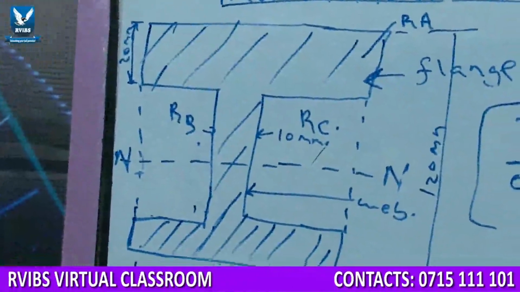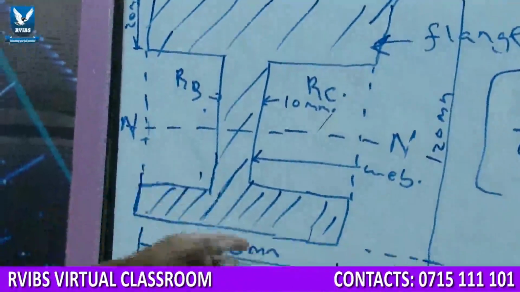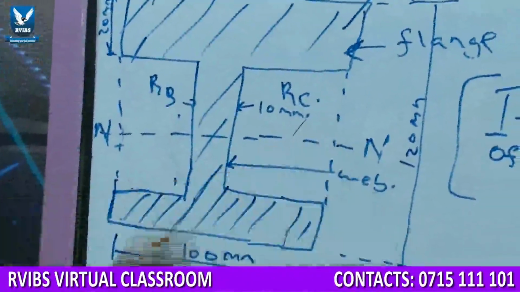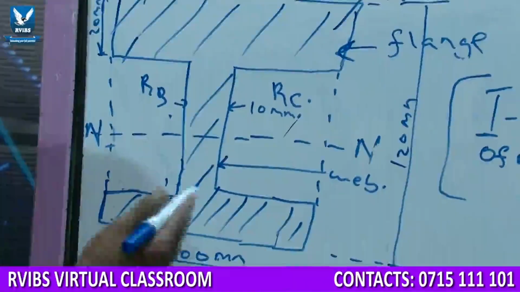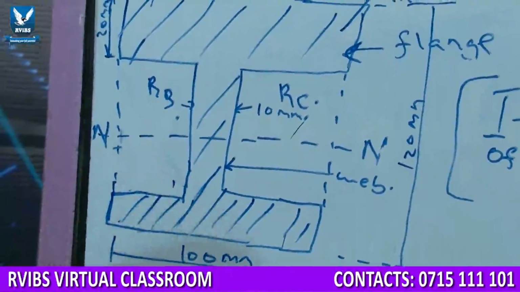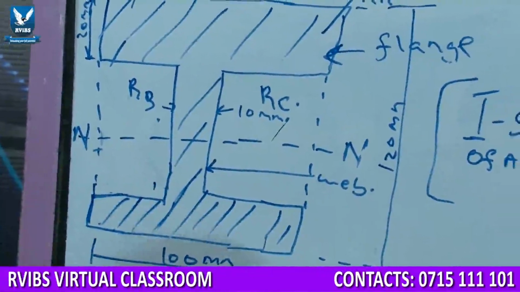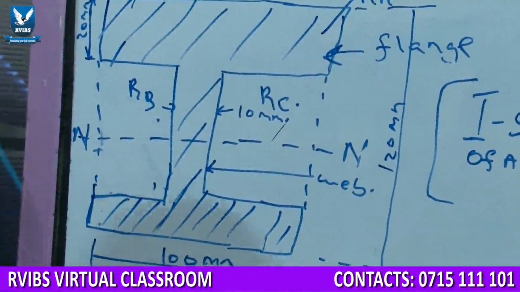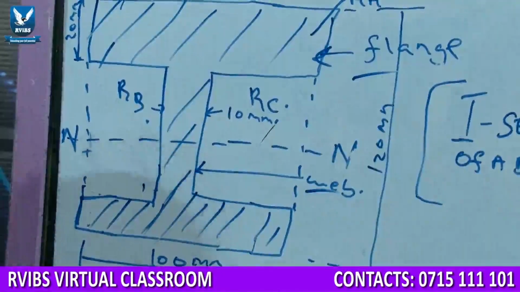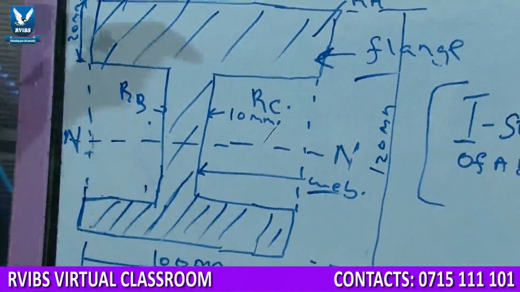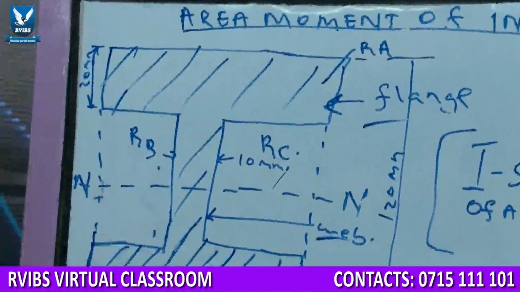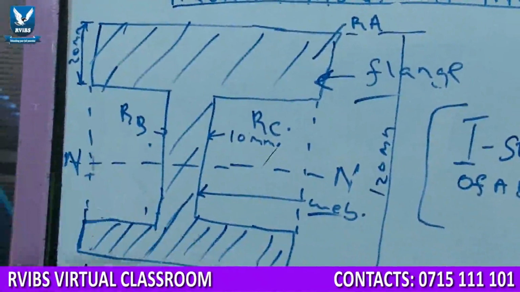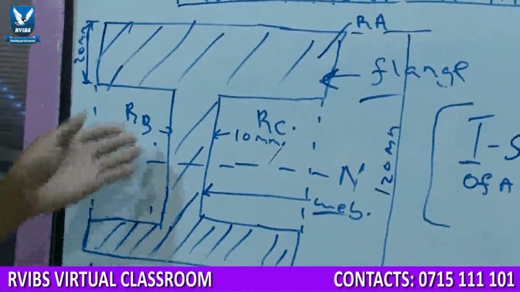Before going to the calculation, we are going to look at the various parts of the I-beam section. An I-beam section usually is composed of two parts, the flange and the web. The flange is the part to which the load is applied, whereas the web is the supporting, vertical section of the beam.